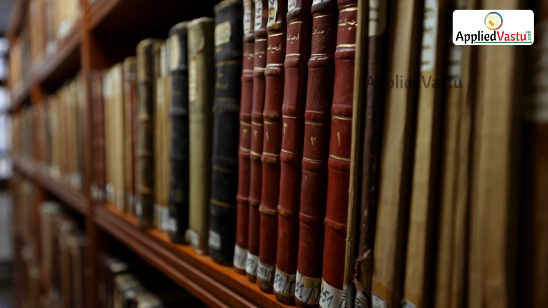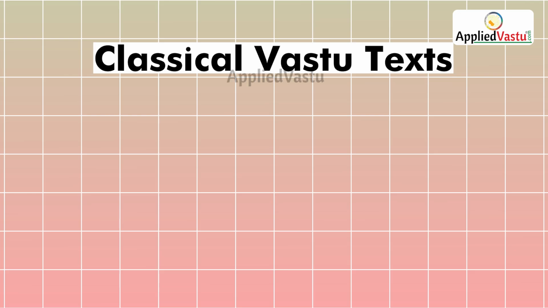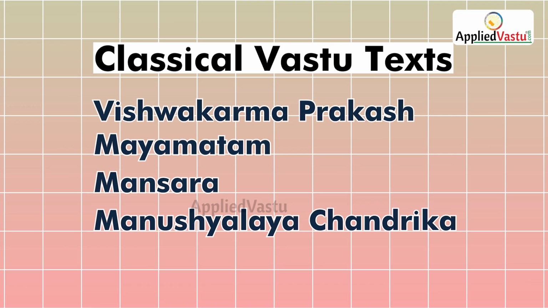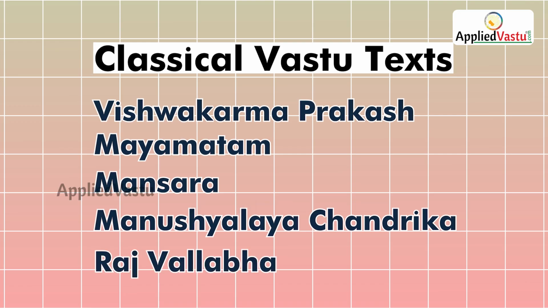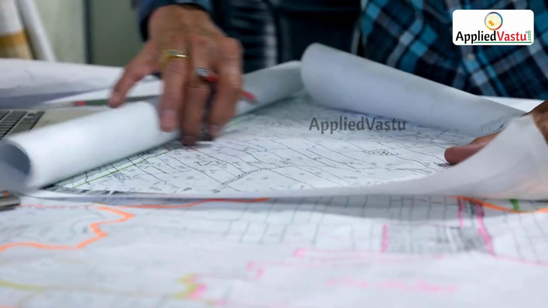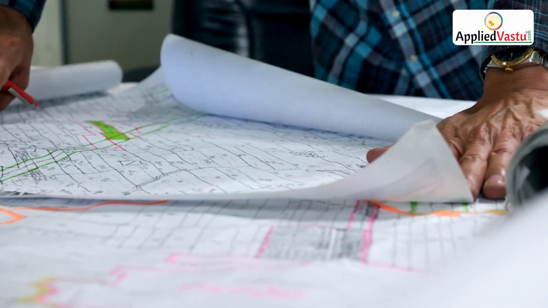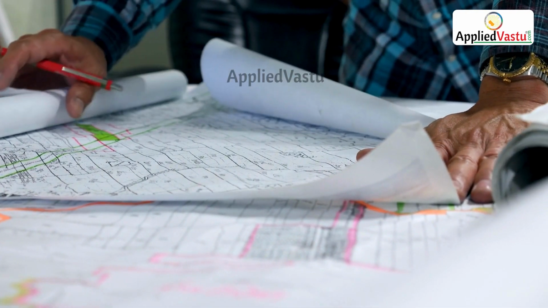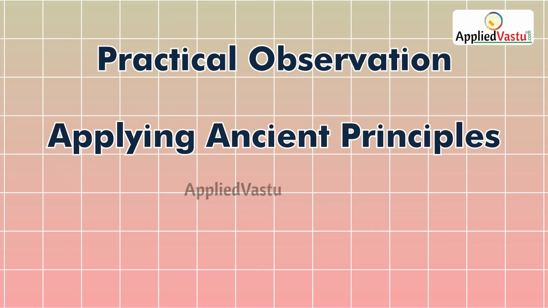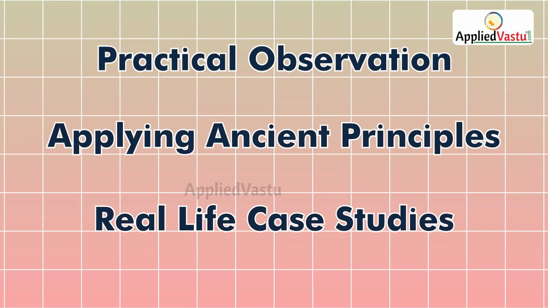This is why several classical Vastu texts such as Vishwakarma Prakash, Mayamatam, Mansara, Manushyalaya Chandrika, Rajvallabha, Prashna Shilpa Shastra, and many more are not available in their complete original form today. Therefore, in the modern study of Vastu Shastra, one should not rely solely on the currently available textual references. Practical observation, application of ancient principles, and verification through real-life case studies are equally important.